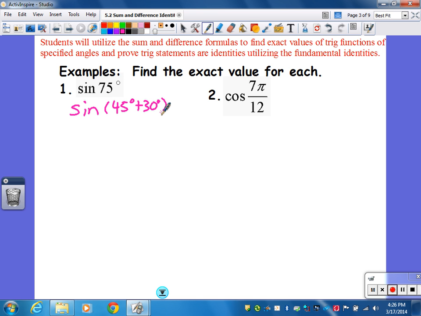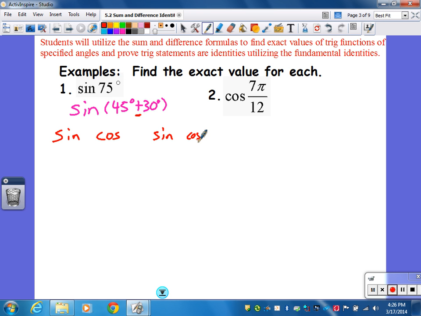Well, we know from our identities on that first page, the sine identity, we have a plus here. So we're going to rewrite this as sine, cosine, cosine, sine.